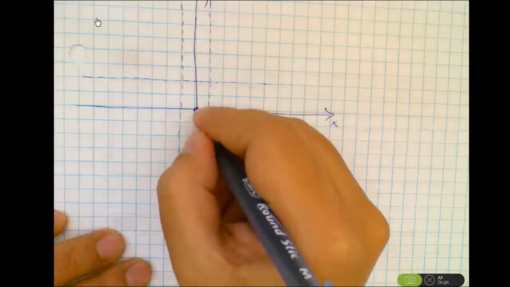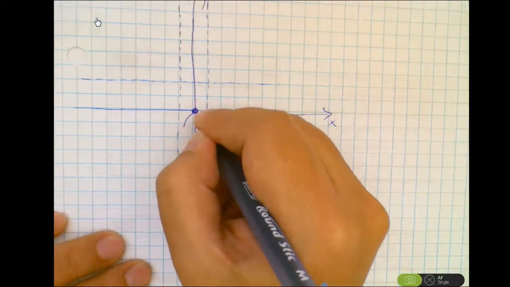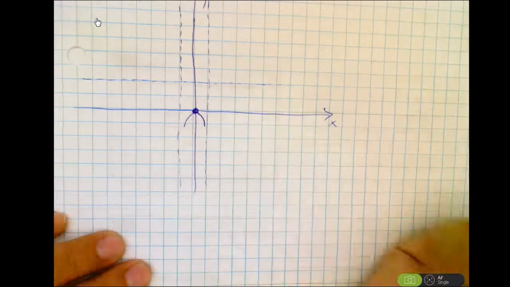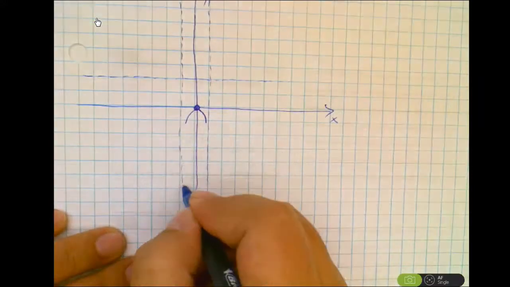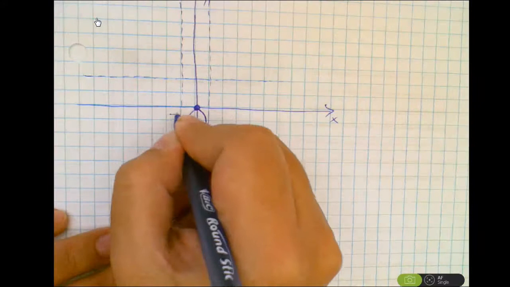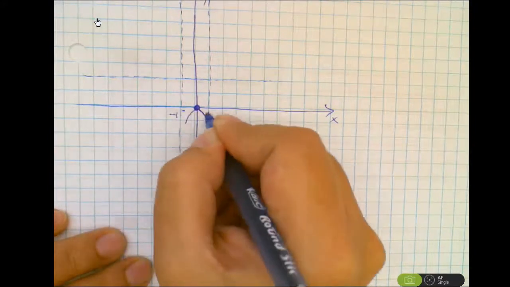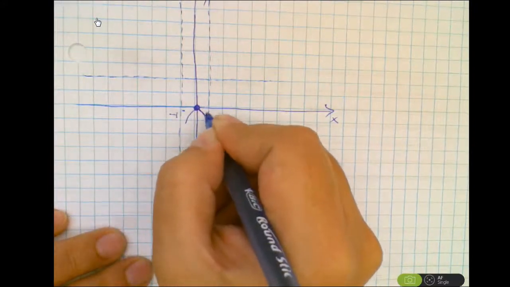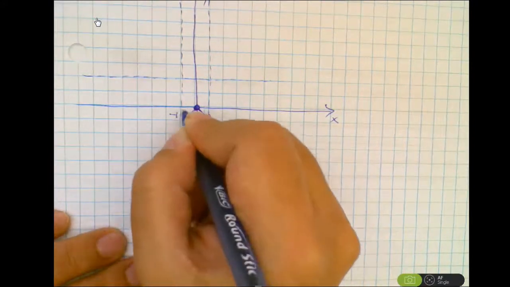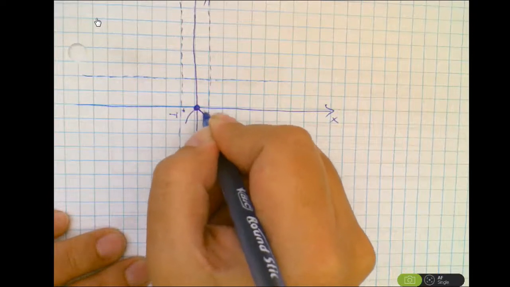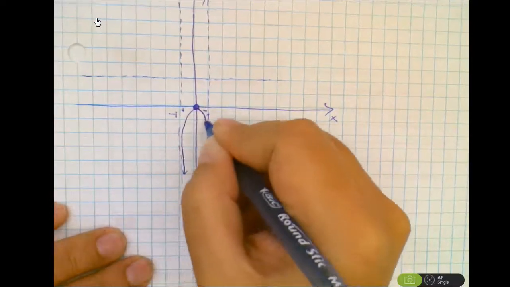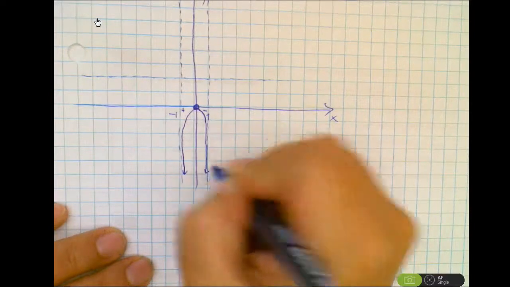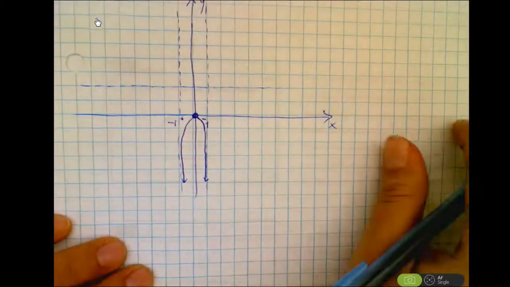Since this is a local maximum, you know that that's the highest point around there. And then you also know the limits as x approaches negative 1 from the right, and as x approaches 1 from the left, and both of them were negative infinity. So this does make sense that it's going down like this.